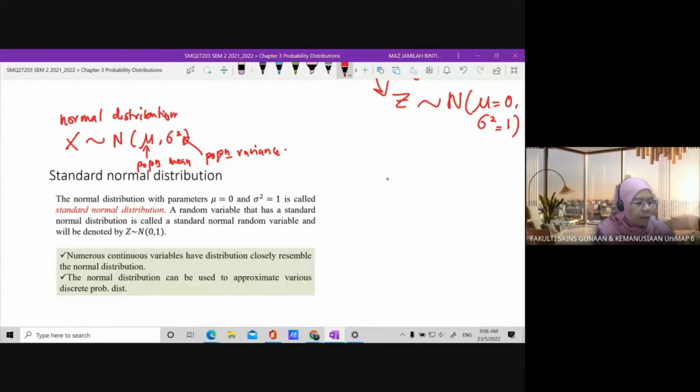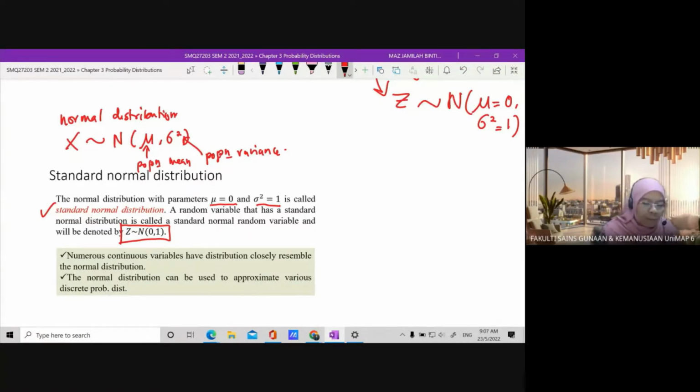The standard normal distribution will have the parameter mu equal to 0 and the variance equal to 1. Okay, and this is called the standard normal distribution. And how does this distribution look like? This is the way we write the standard normal distribution with mean 0 and standard deviation 1, or variance equal to 1.